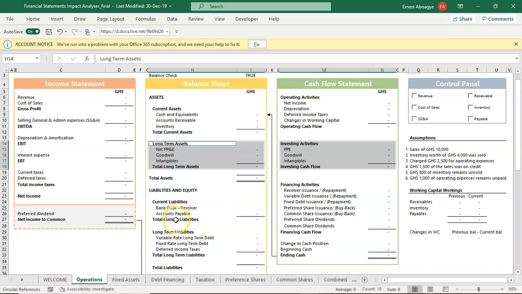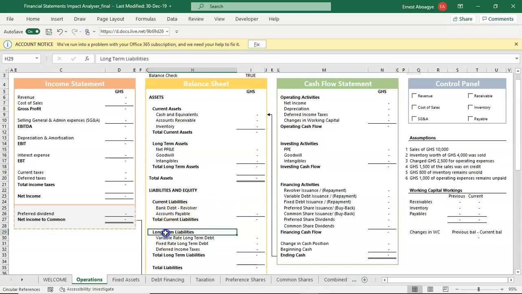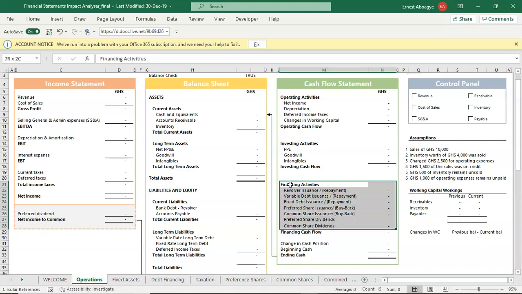Now, what remains really is the long-term liabilities section of the balance sheet. And the long-term liability section of the balance sheet is adjusted for by the financing activities of the cash flow statement. And that is why we said that the cash flow statement is like a reconciliatory statement.